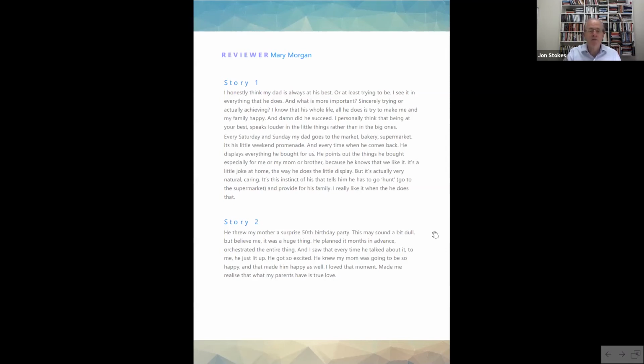It's his little weekend promenade. Every time when he comes back, he displays everything he bought for us. He points out the things he bought, especially for me or my mum or brother, because he knows that we like it. It's a little joke at home, the way he does the little display, but it's actually very natural, caring. It's this instinct of his that tells him he has to go hunt, go to the supermarket, and provide for his family. I really like it when he does that.